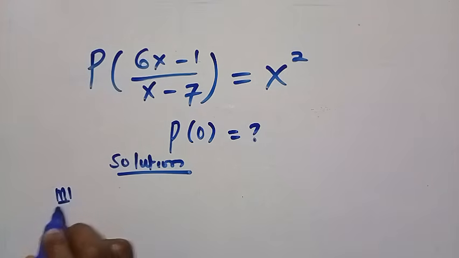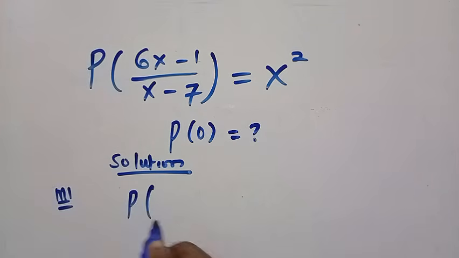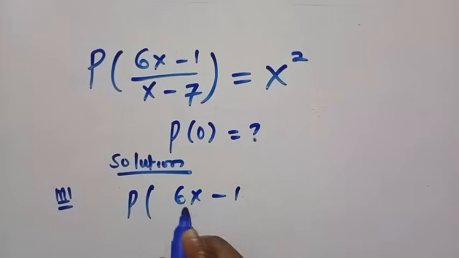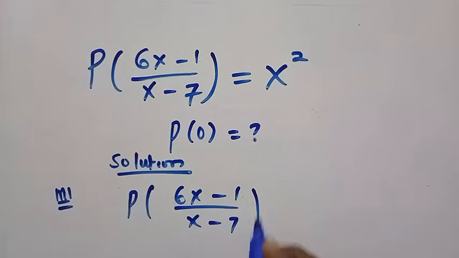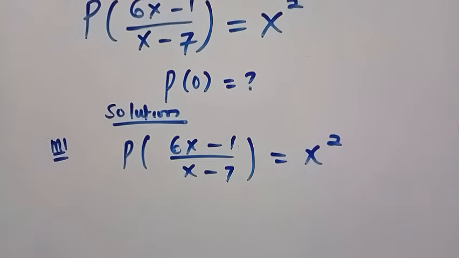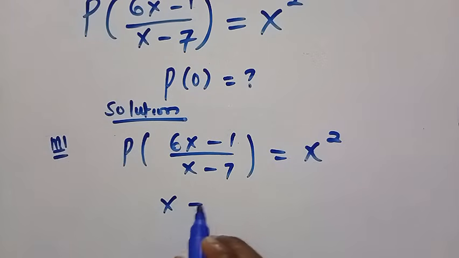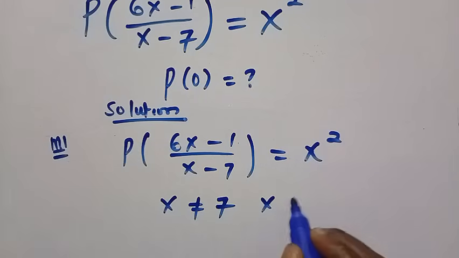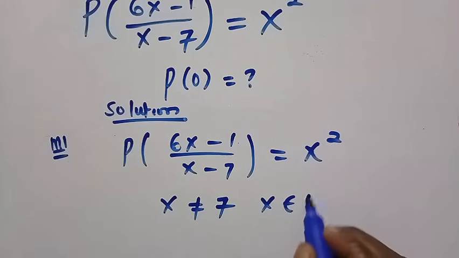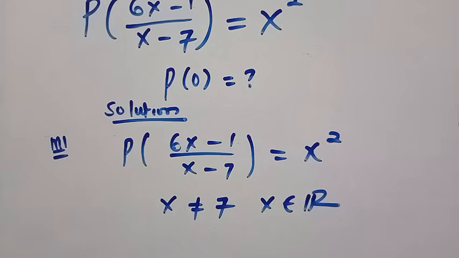So we consider the first method. We have P of (6x minus 1) over (x minus 7) equals x squared. First, the value of x here is not equal to 7, and all other x are members of the real numbers.